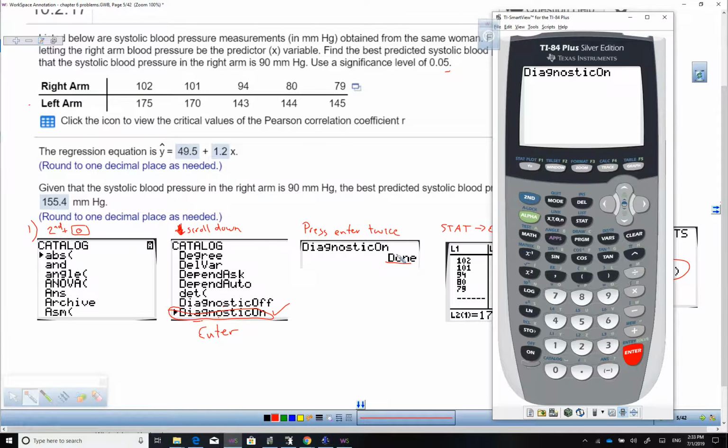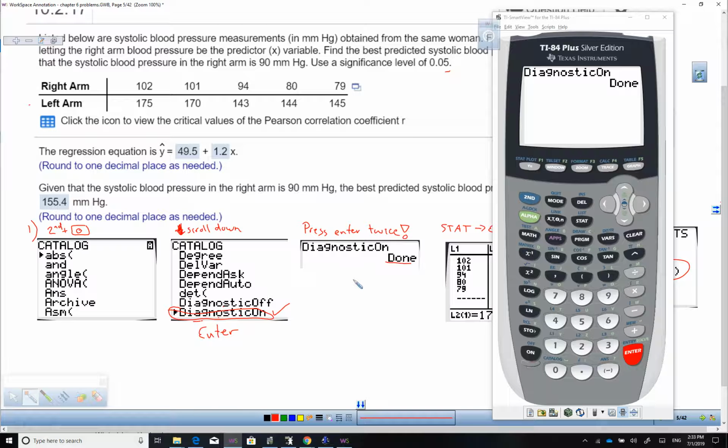If you don't see the word that says done, it means it's not completed, so you need to press enter again. Press enter twice. Once you have it like that, your calculator is ready. You only do it once, and that's it. But this is important, because if you don't do this, you will not get the correlation coefficient.